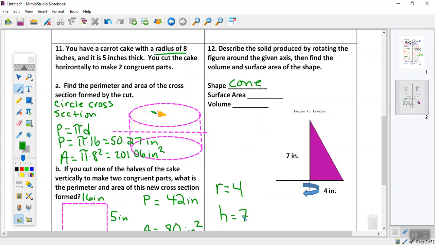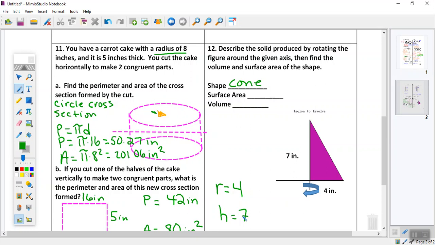Okay, somebody want to run it? Who's going to volunteer surface area when we search that? Surface area of a cone with radius 4, height 7. Who wants to run that through for me? I got it. Kylie's got that. Who's going to do volume for me? Volume of a cone with radius 4, height 7.